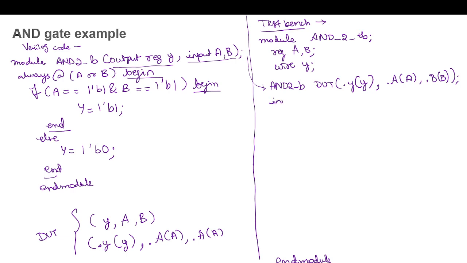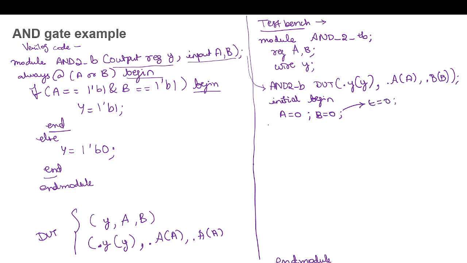Then next, I want to initialize once. So these values I wish to apply only once. So initial begin. It will start at t equal to 0. So first is a equal to 0, b equal to 0. So this value will be applied at t equal to 0.